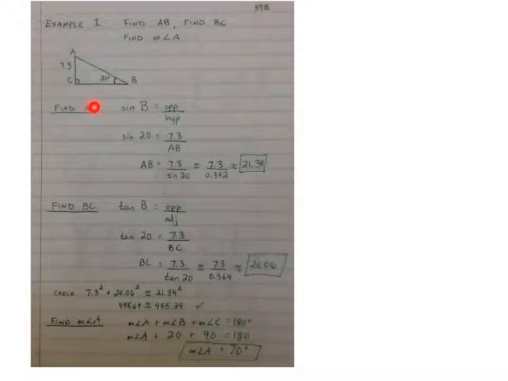We notice that AB is the hypotenuse, so chances are we're going to be using sine or cosine. And from angle B, we have the opposite side, and we're looking for the hypotenuse.